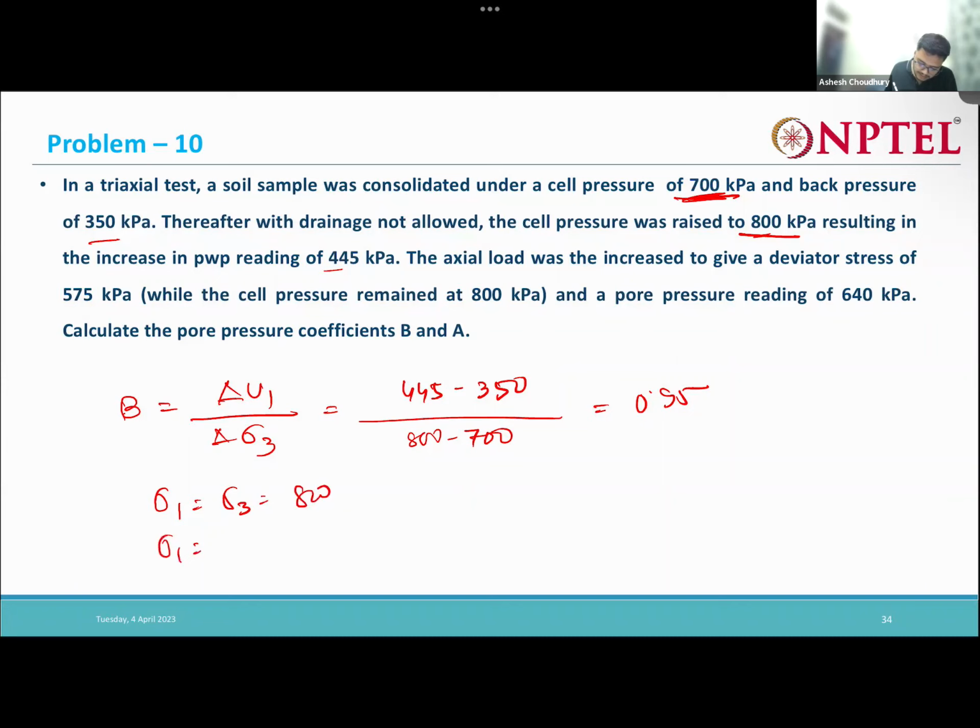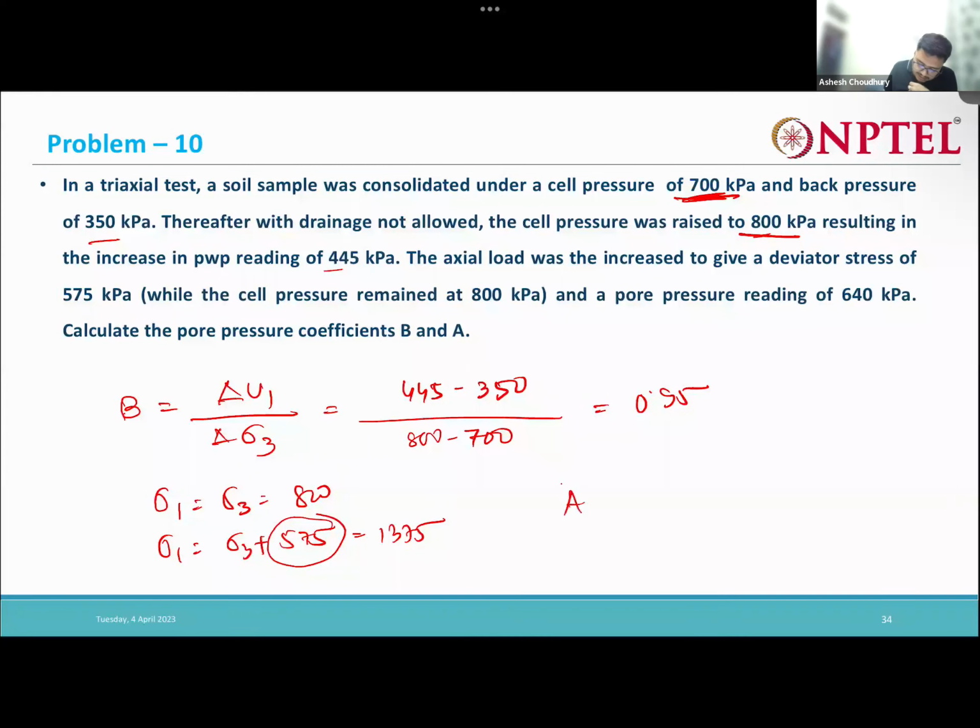Then sigma 1 became sigma 3 plus 575, that is the deviator stress: 800 plus 575, 1375. So sigma 1 changed from 800 to 1375, an increase of 575. This is my increase in deviatoric stress.